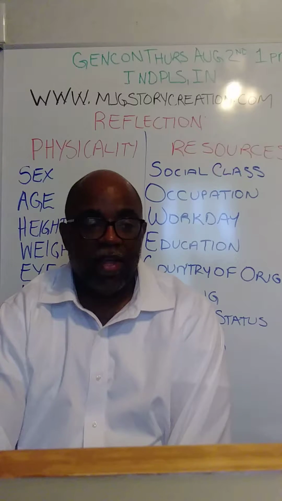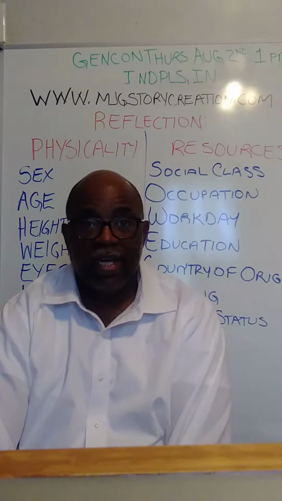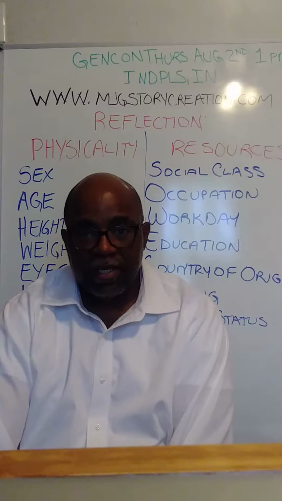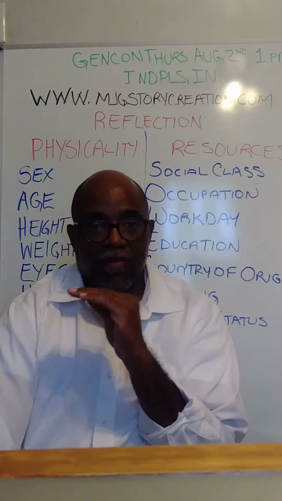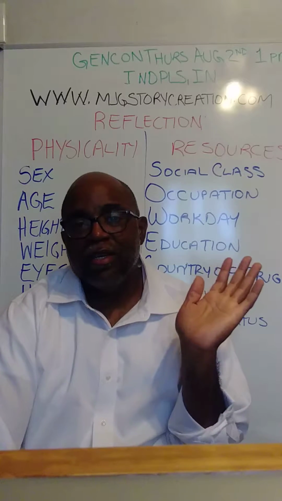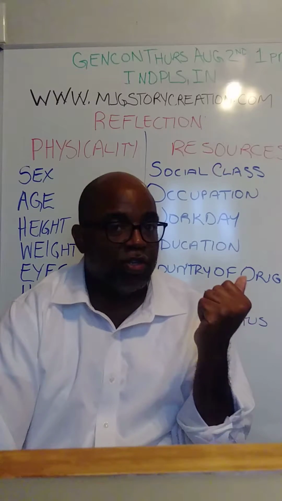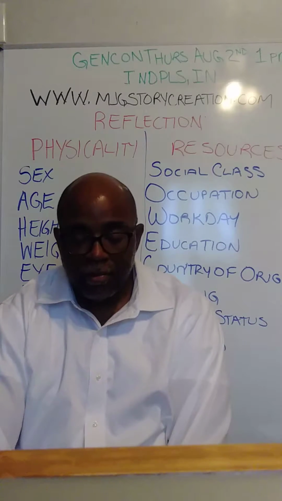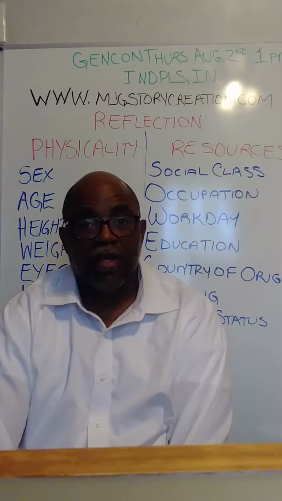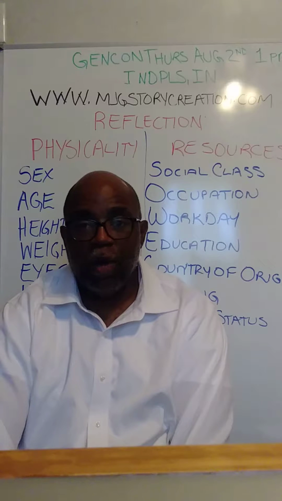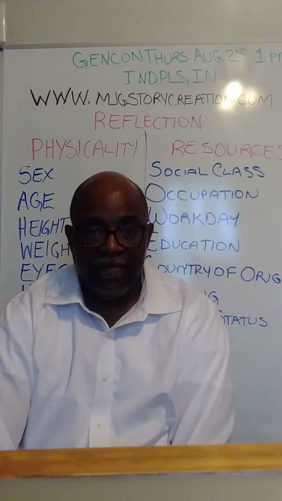So if you have a character that's an alien and the alien has purple eyes, for instance, you would still put that description in the eyes description. But if the character is, for instance, deaf, that is something that would go into the defects.